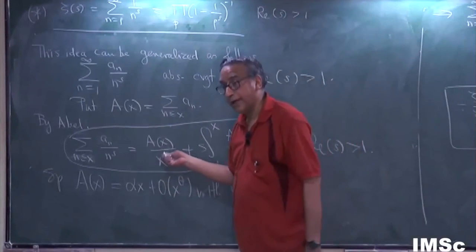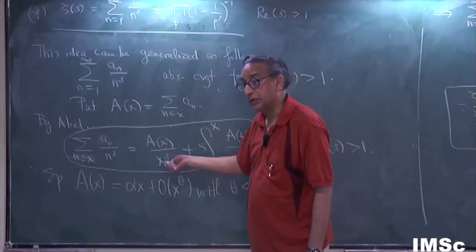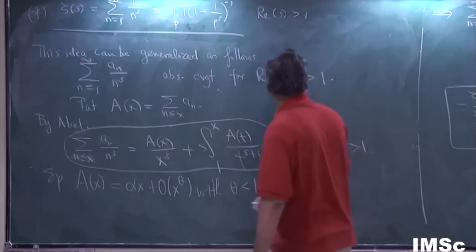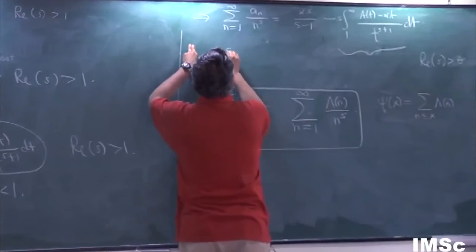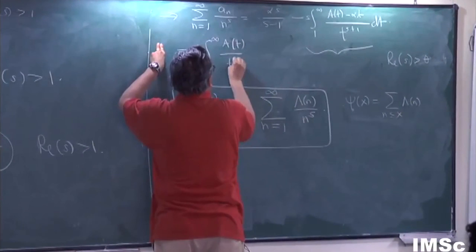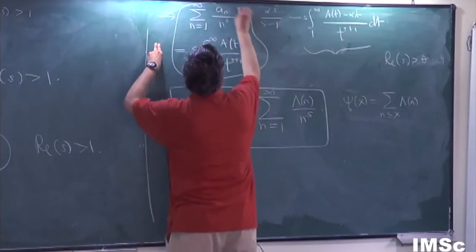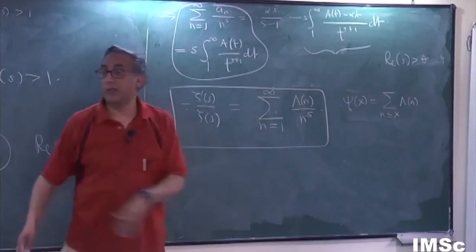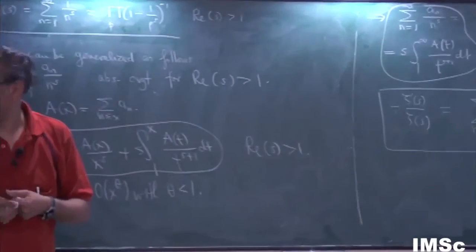If A of x is O of x, you can take the limit as x goes to infinity and this goes to 0, and you'll be able to write in general not just this, but you'll also be able to write s times the integral from 1 to infinity of A of t over t to the s plus 1 dt, right? This part of the fact is also very interesting in its own right, because you're able to take your Dirichlet series and write it as an integral.